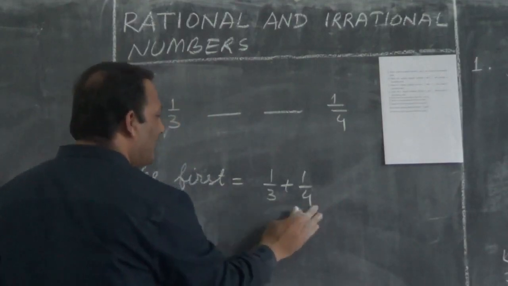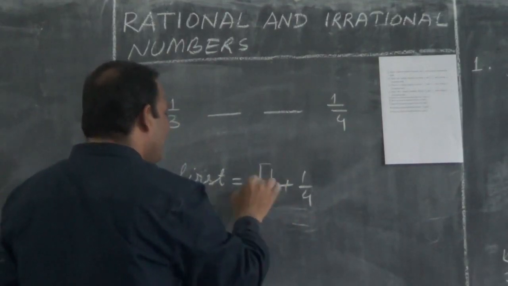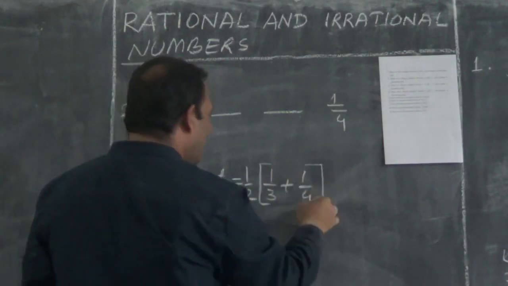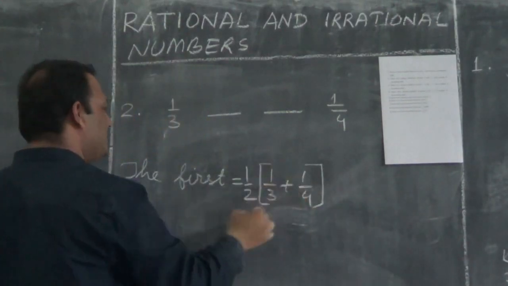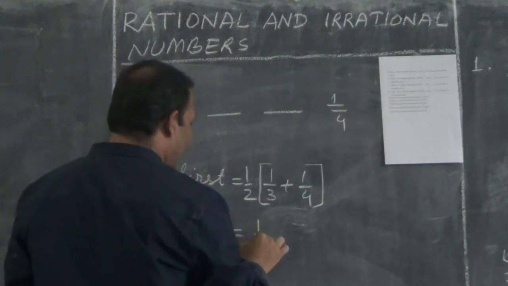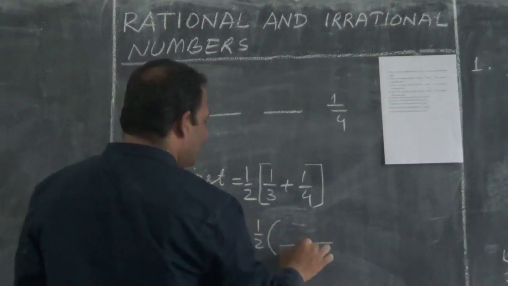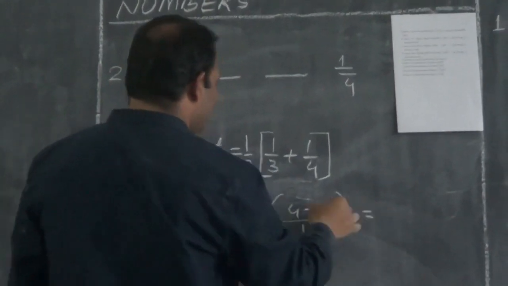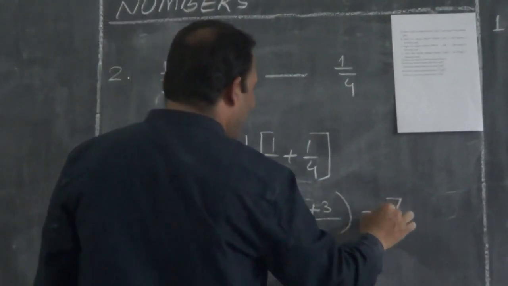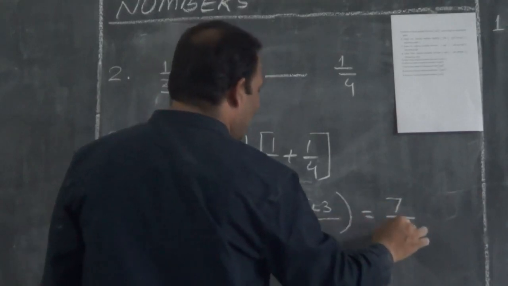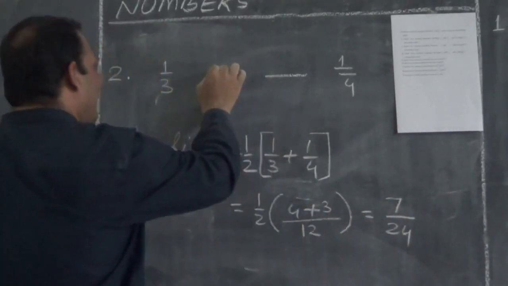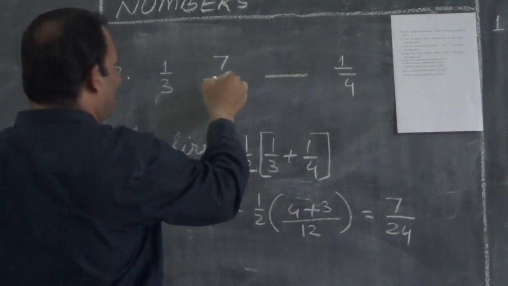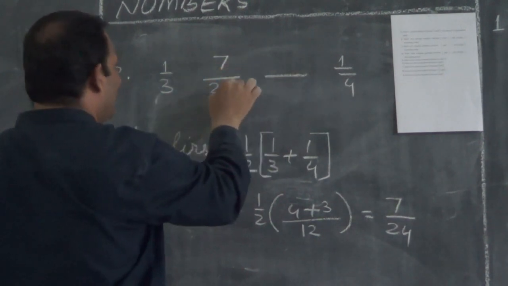Instead of writing by 2, children, I will write 1 by 2 into 1 by 3 plus 1 by 4. It is the same thing. So 1 by 2, LCM is 12, 4 plus 3, 7, 7 by 12 into 2, 24. Either write here or here, there is no problem. I want to write here 7 by 24.